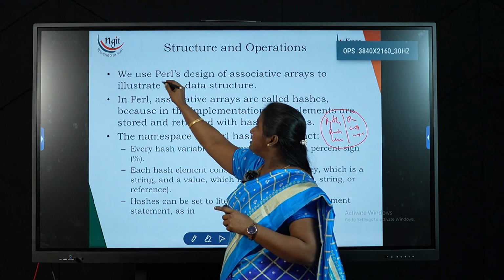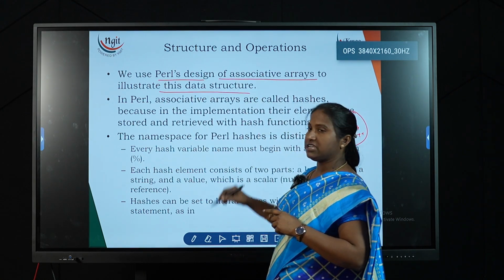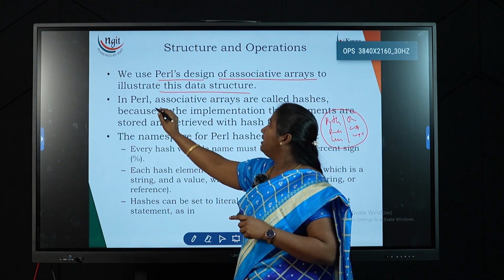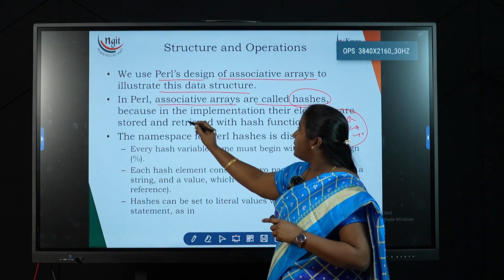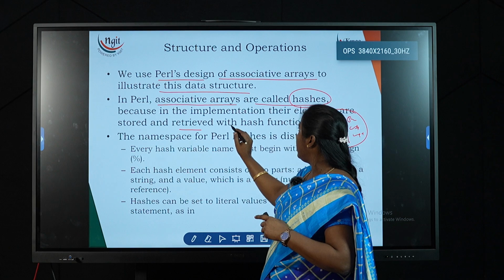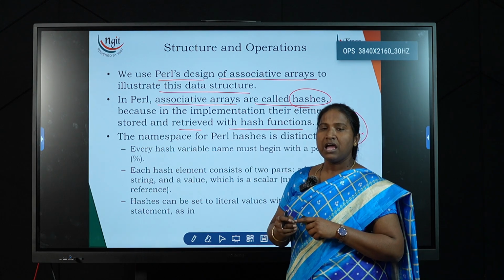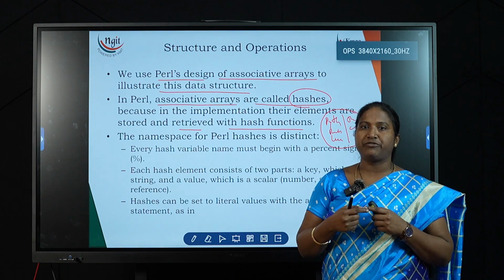We use Perl's design of associative arrays to illustrate this data structure. In Perl, associative arrays are called hashes because in the implementation their elements are stored and retrieved with hash functions. In what way is it different?